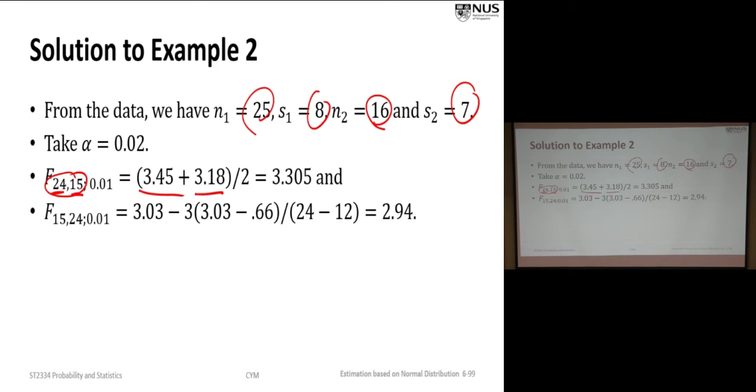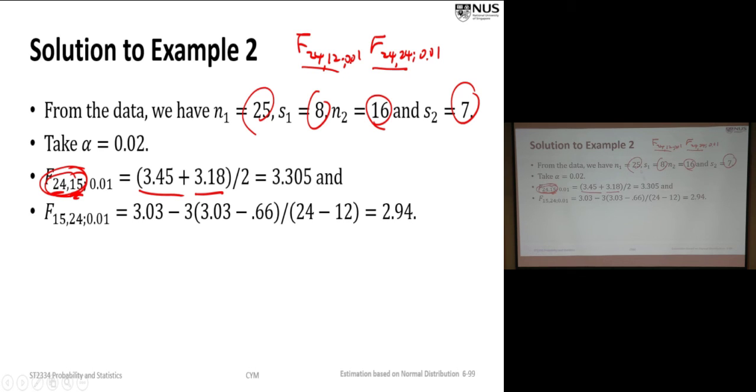For example, 15 is not there, so you look at F 24, 12, and F 24, I don't know whether it's 24, I forgot the table that I gave you. So I take the average of these two. For this one, oh sorry, 0.01.